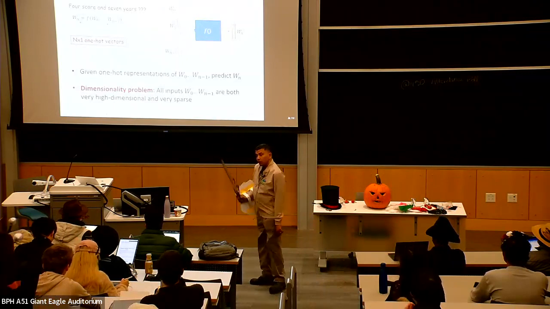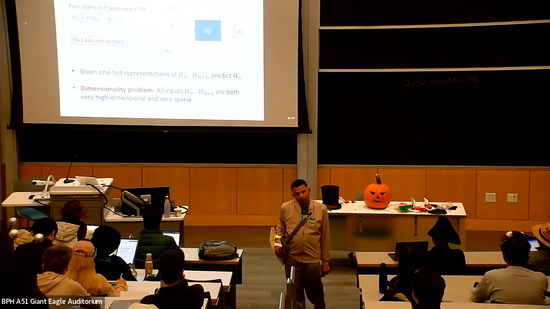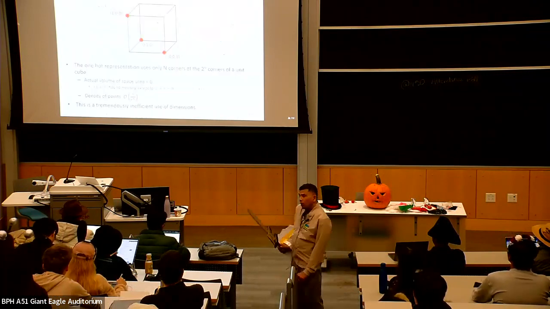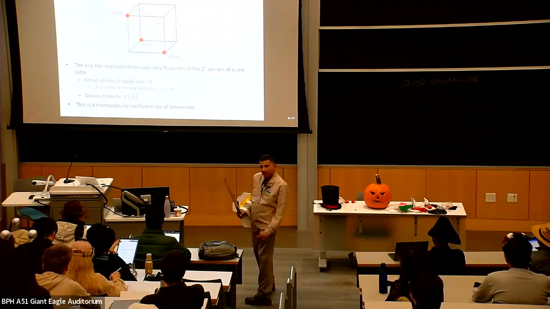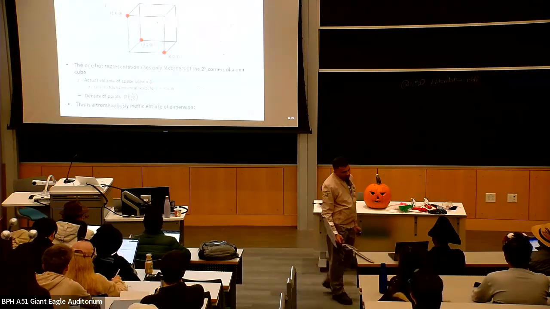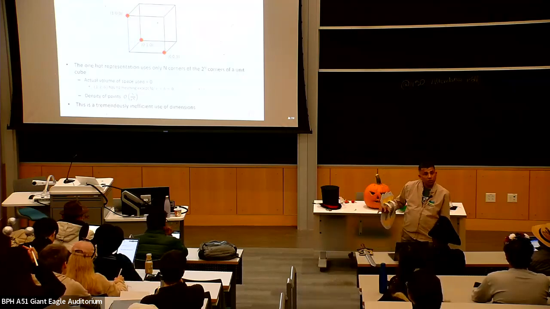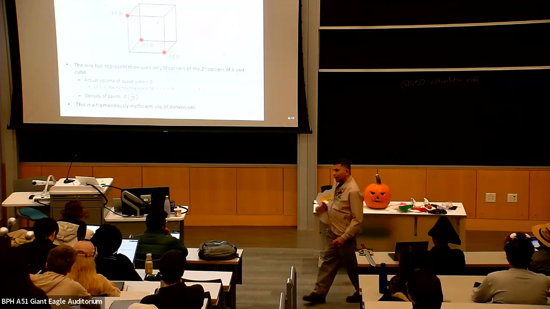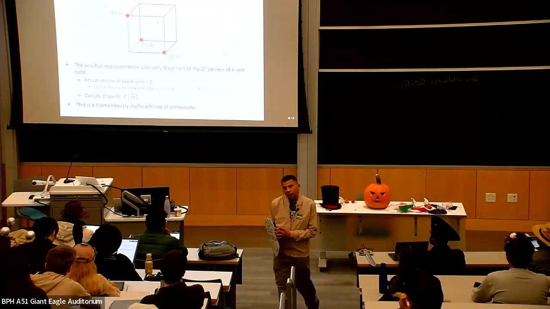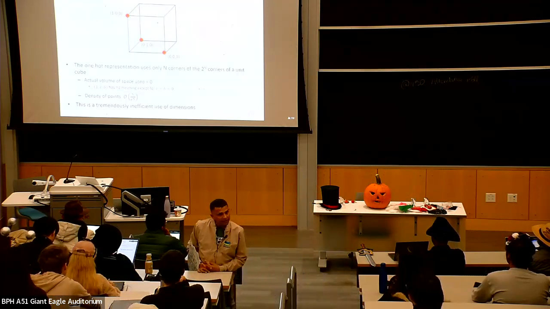But there's something even worse about one-hot vectors, which is that they are incredibly wasteful of space. Every time I add a new vocabulary word, I'm adding an entire new dimension to my space, right? Now think about it. What is the total volume occupied by all of your training data in this massive space?